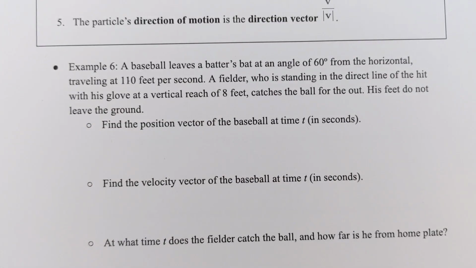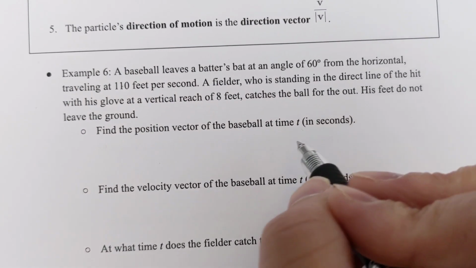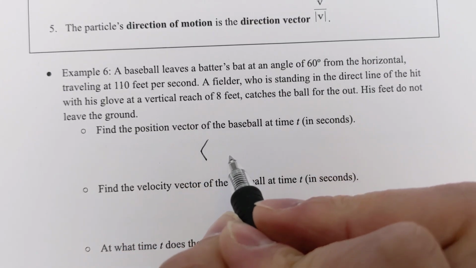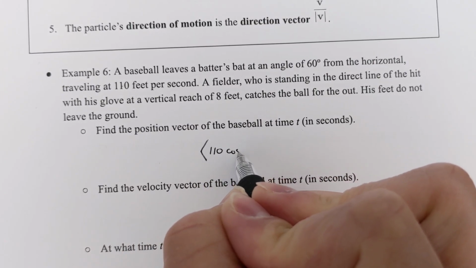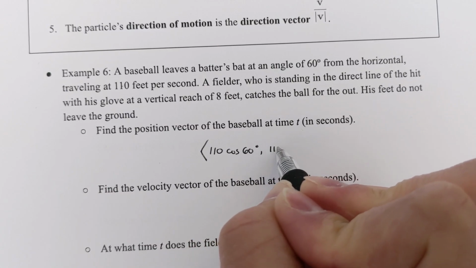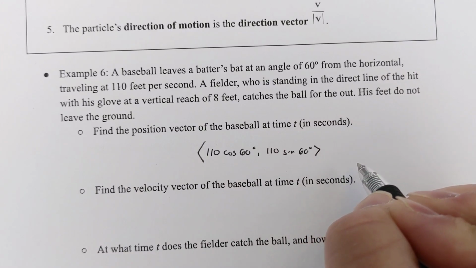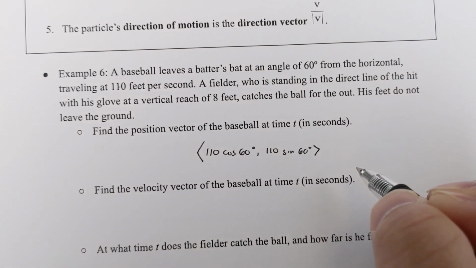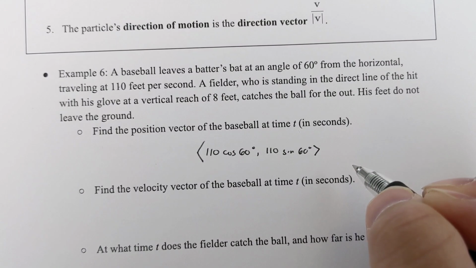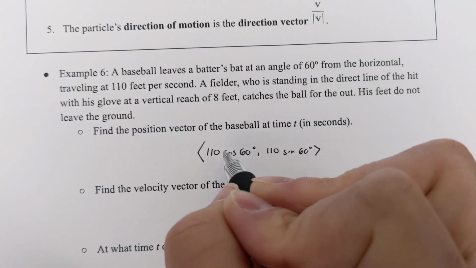So, let's see here. Since we're hit at an angle, the position vector is going to be 110 cosine 60, 110 sine 60. No, sorry, we need our t's.